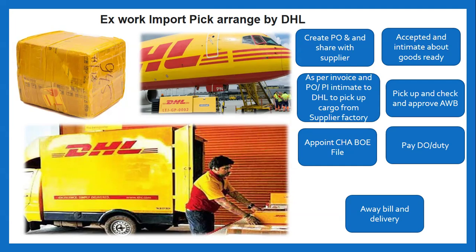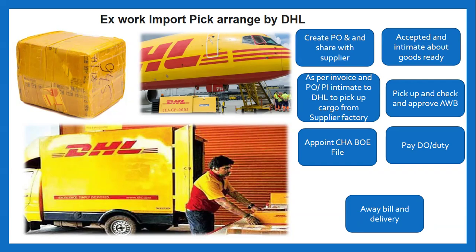He will file the bill of entry and send the draft checklist for approval. After the bill of entry is generated, DHL also files the IGM in Indian customs where this shipment lands. Then we need to pay the customs duty and the delivery order charges of DHL. After paying this duty, the shipment will be out of charge from customs.